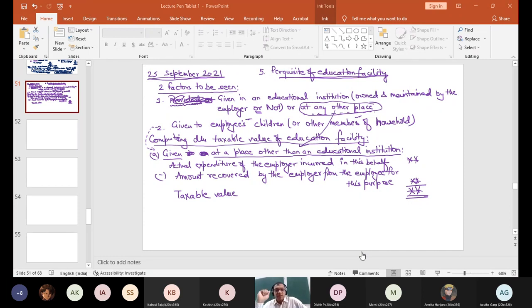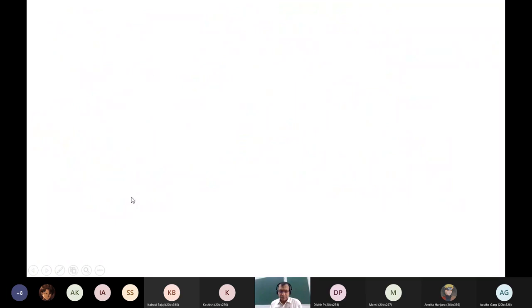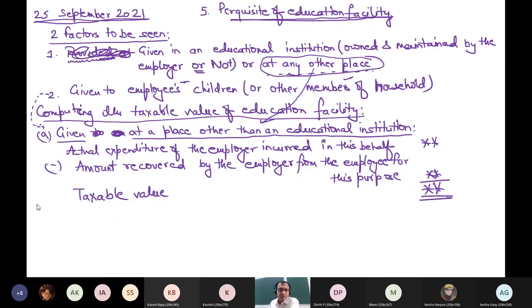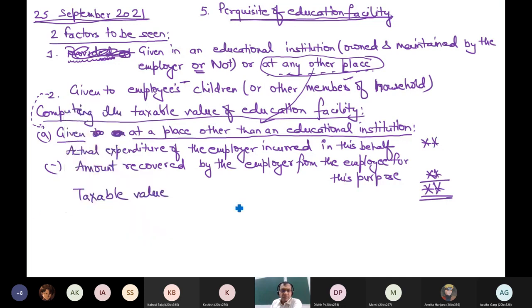Next point. Now, it is given, of course, to employees' children or other members of the household at an educational institution.